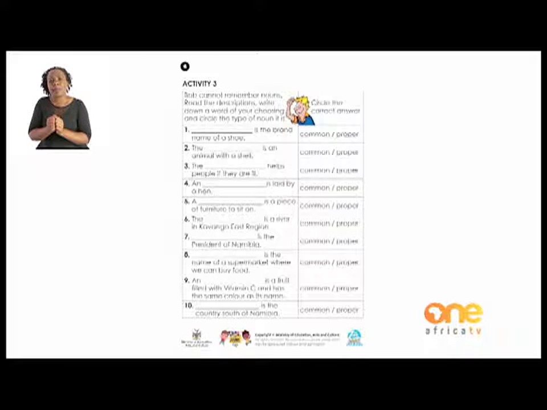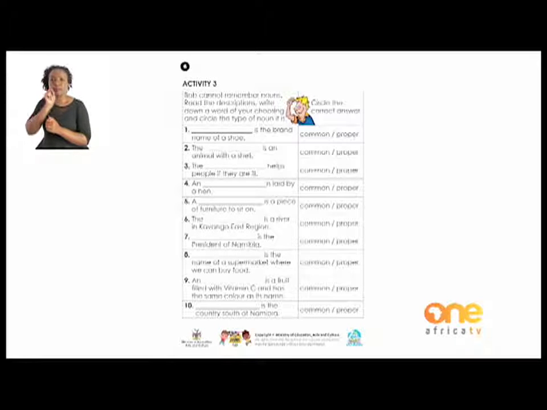So we would say Wayne Brenner is the brand name of a shoe. And we go to common and proper. That name, is it a common or a proper noun? That should be a common noun.